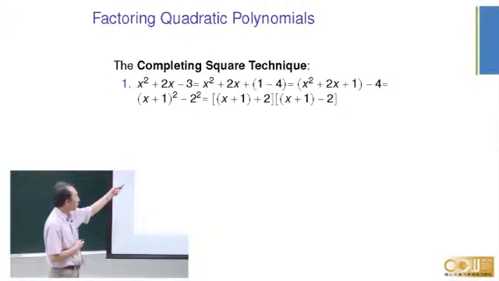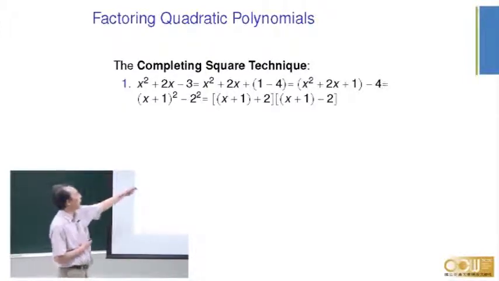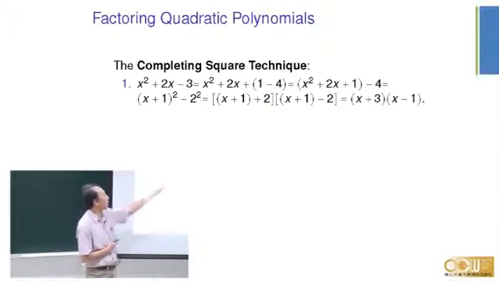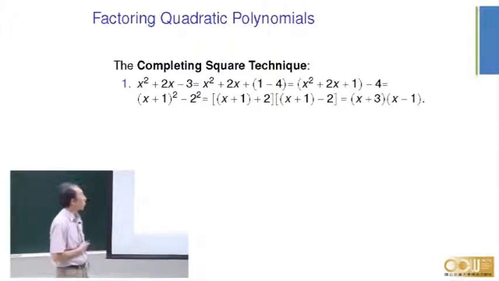And next, I'm going to apply the difference of squares, a squared minus b squared formula, to factor them, and which is this. And then simplify the scalar term by using the associative laws, and which becomes this.